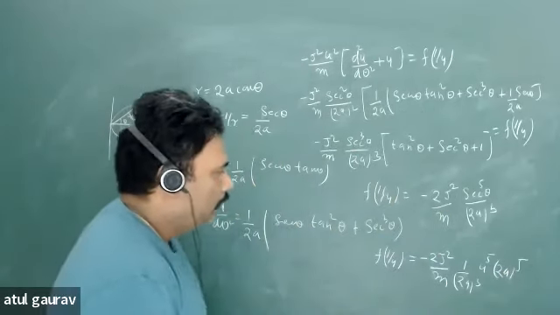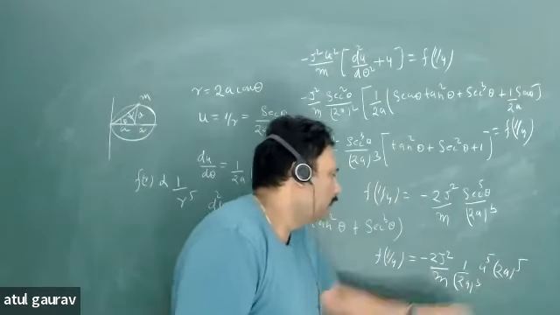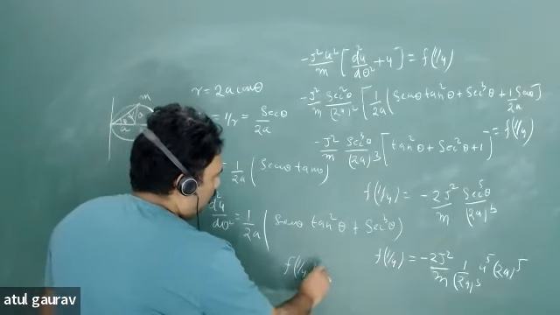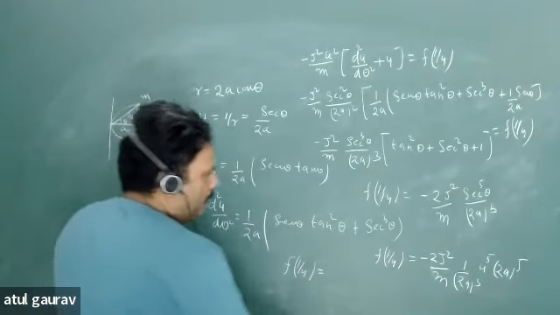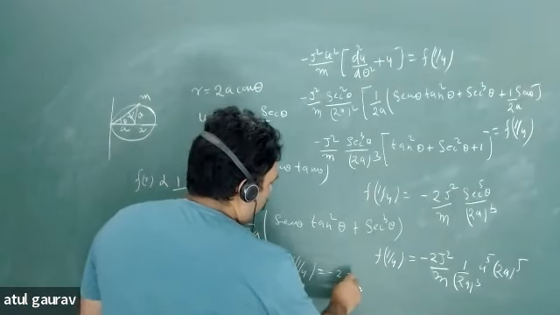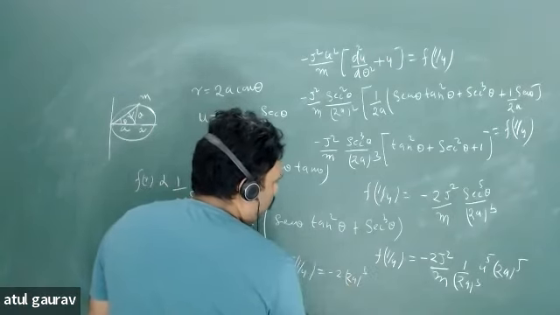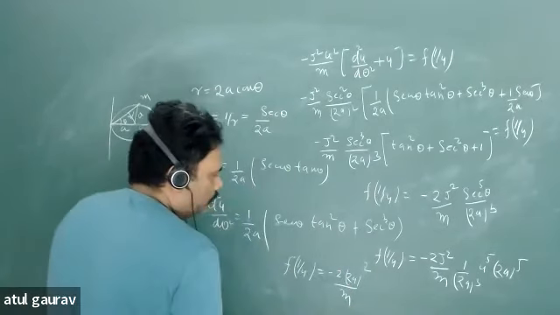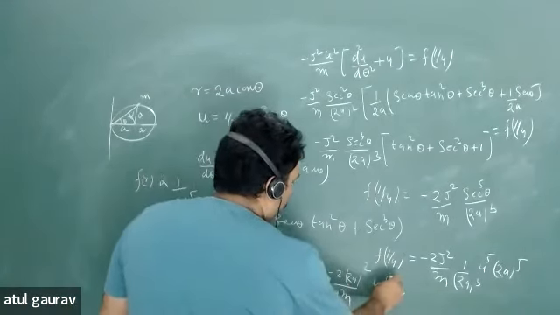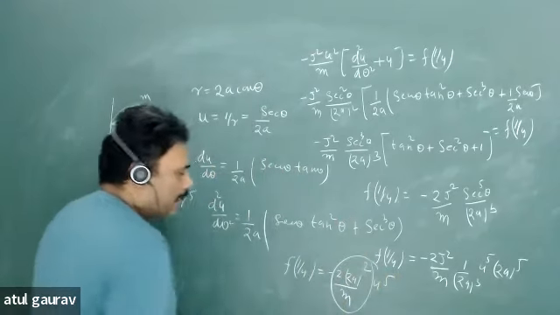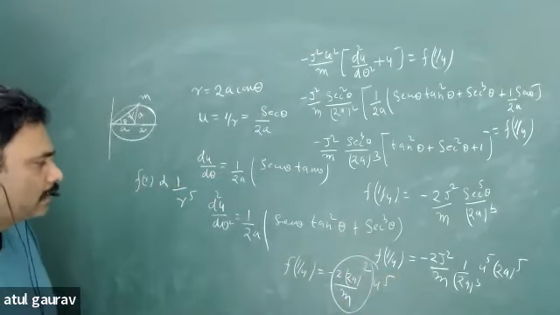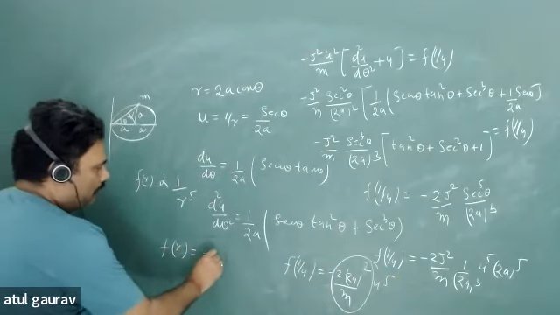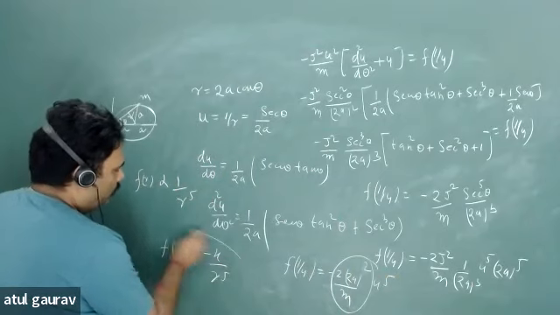And now all the other terms, this thing is basically f of 1 by u, is equal to minus some constant times u to the power 5. I can put this whole thing as k, some constant. So Fr is equal to minus k r to the power 5.